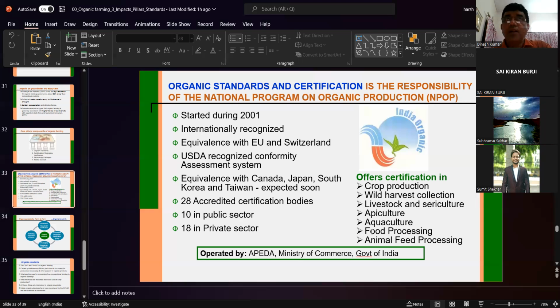Suppose you get a fish, you want to prepare some value-added product from this. So when you process the fish, or when you process the tomato to make ketchup, you need to follow certain standards during the processing also. You need to follow standards during processing, during transport, during harvesting, even during storage.